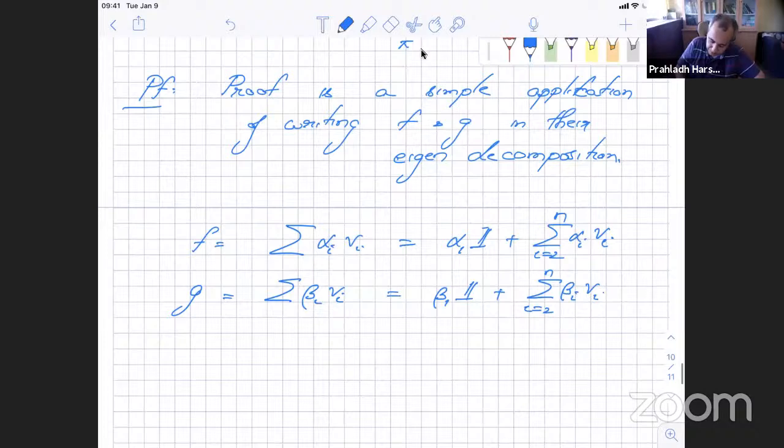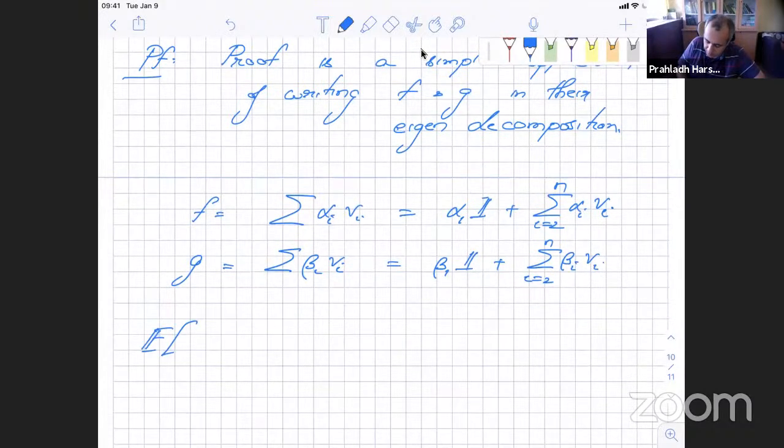And what did we care for? We cared for the expected value of F(i) G(j), when you pick i according to pi and j according to a random walk. This is exactly the quantity F, W G that we saw for the random walk.